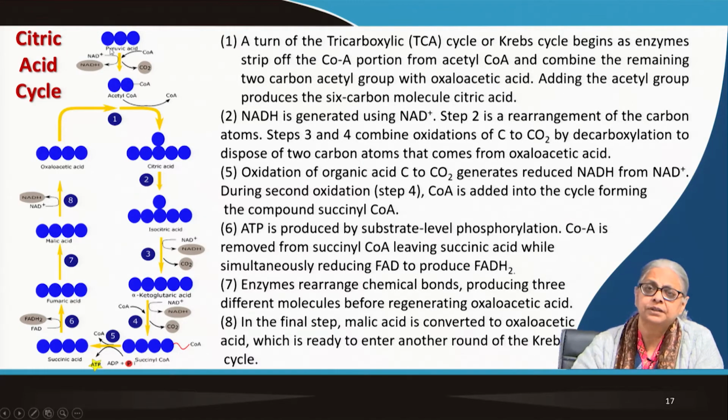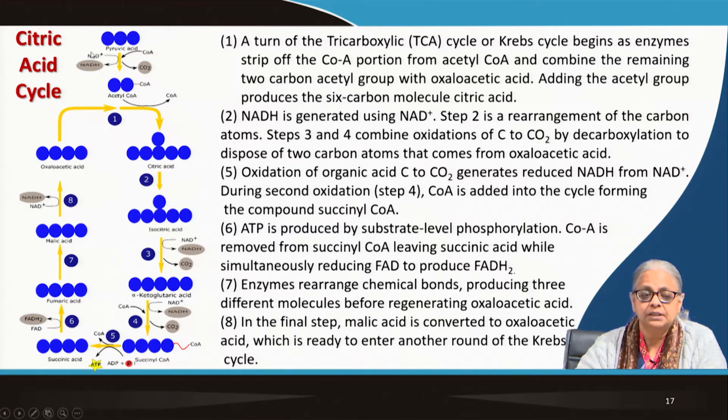This pyruvic acid is converted into a key intermediate within the cycle. So one carbon dioxide is lost over here. One of the carbons in pyruvic acid is converted to CO2. The C2 that is left combines with coenzyme A, so you get acetyl-CoA.